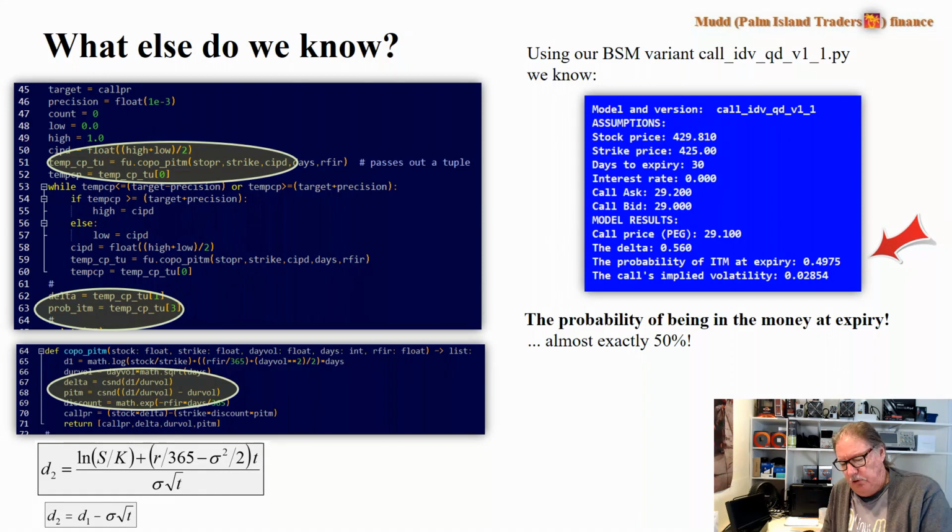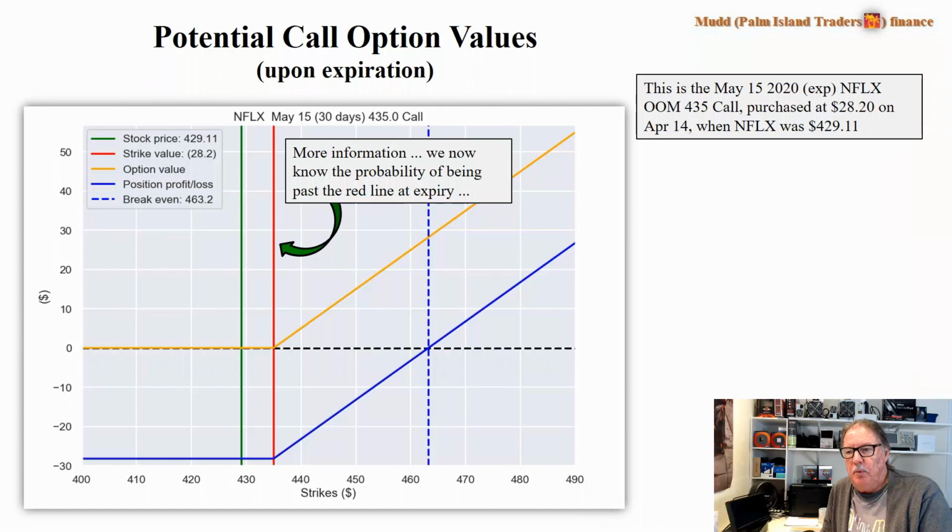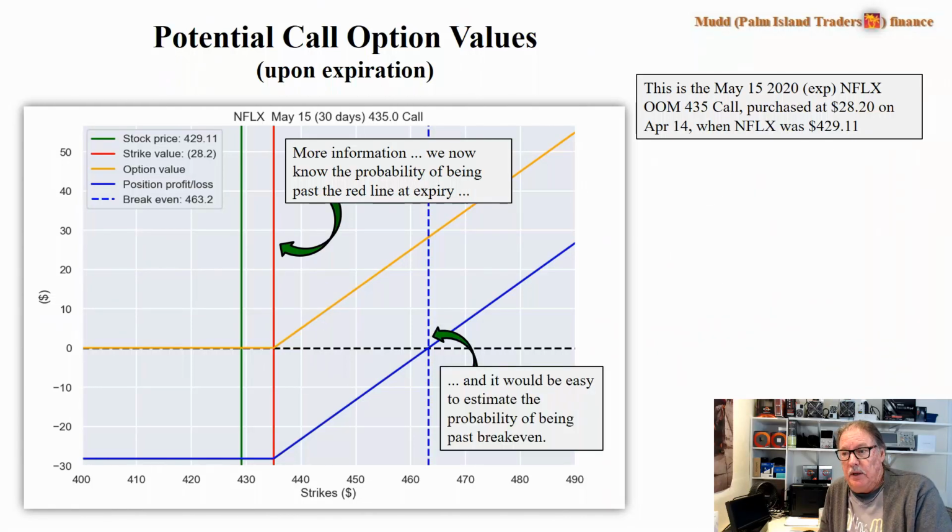Okay, so if we take this information here, the probability of being in the money, and go back to our model, let's look at the call option only, for example, then we know we have more information. Now we know the probability of being past the red line, but still this is at expiry, because that's what this calculates. So it's adding new information to the old model, and we could even look for more.